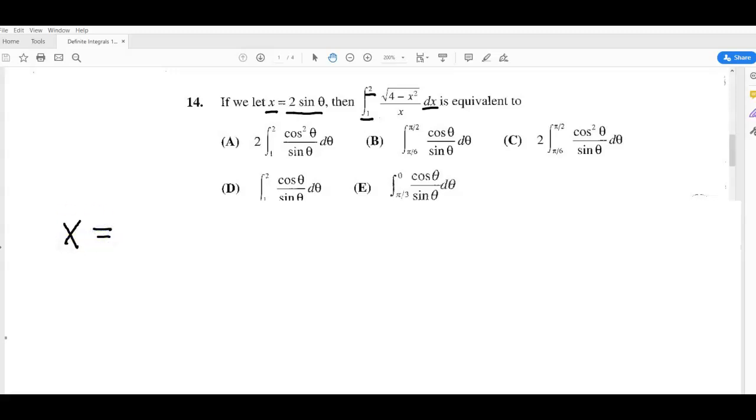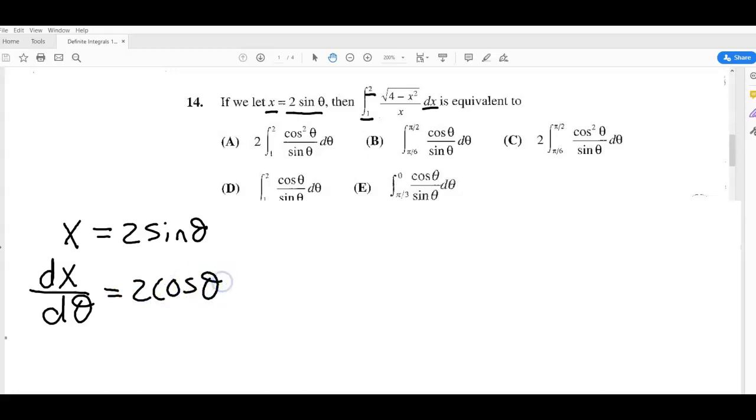So here's my U. My U is going to be this. What we're going to do is find the derivative of this with respect to theta. The derivative of sine is cosine, as you know. Then I'm going to multiply both sides by d theta, because I want to solve for dx.